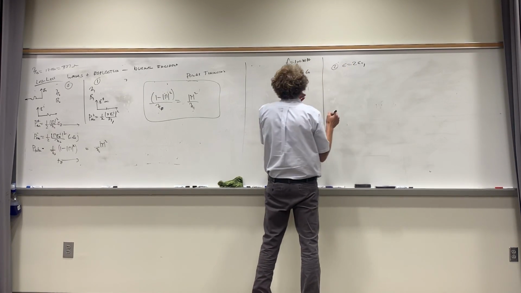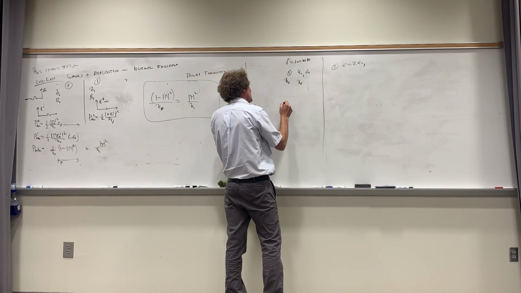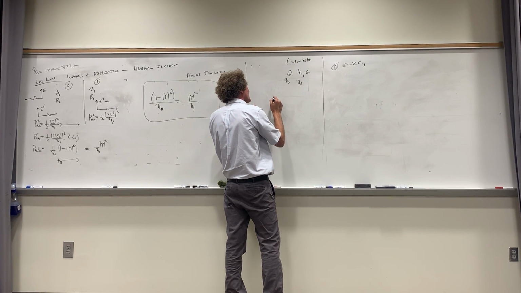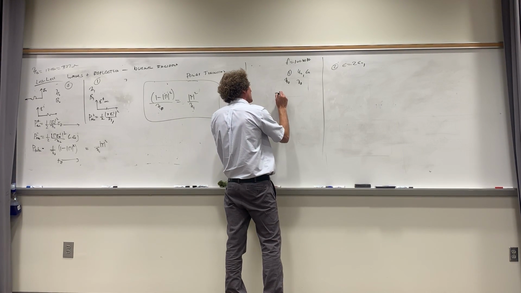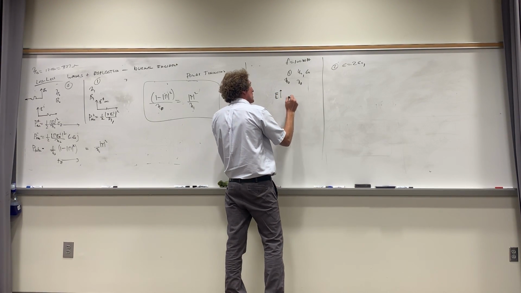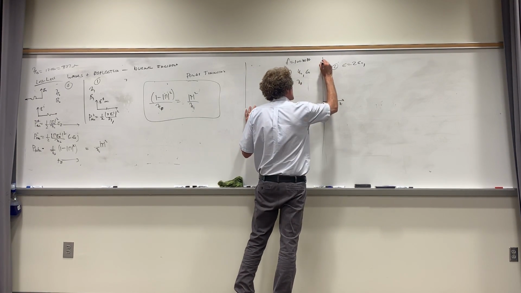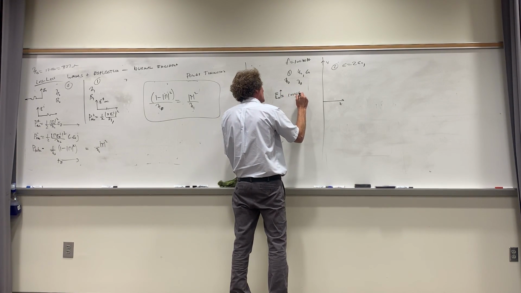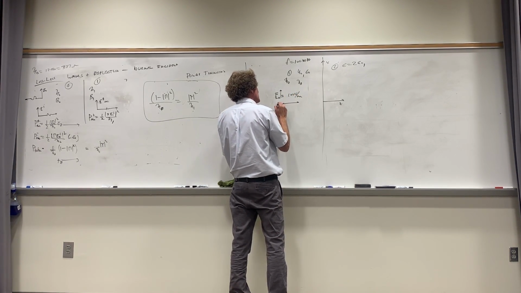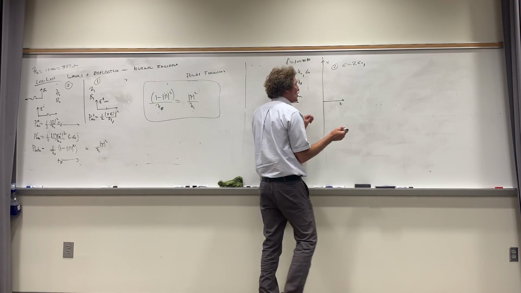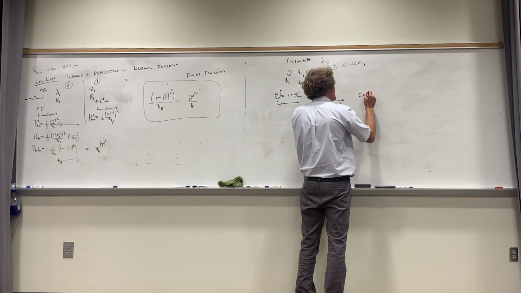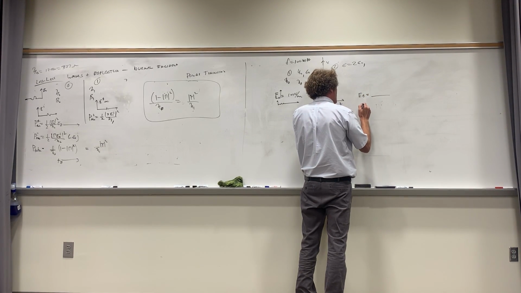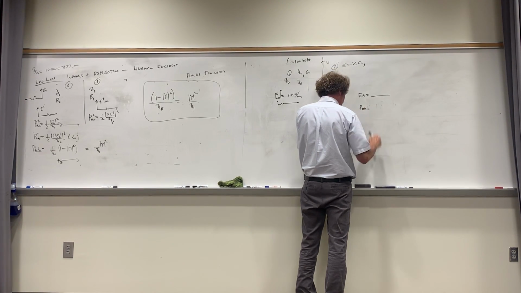Say I have an electric field here in the x direction, call this z, call this x, equal to 100 volts per meter, propagating normally incident into this. I want to know the electric field transmitted, and the actual power density, PAV, the average power transmitted.